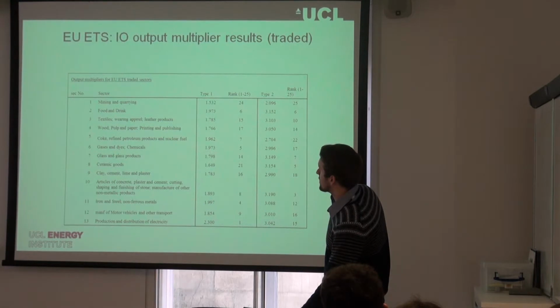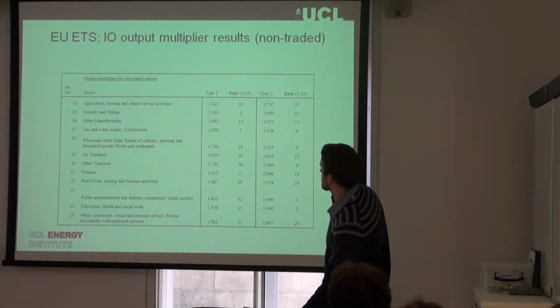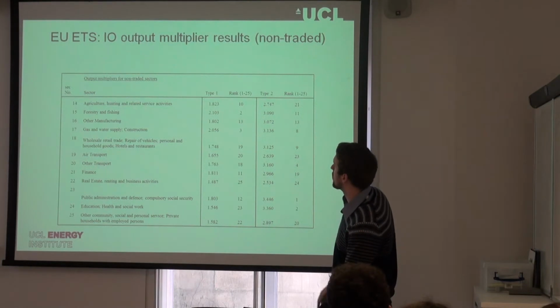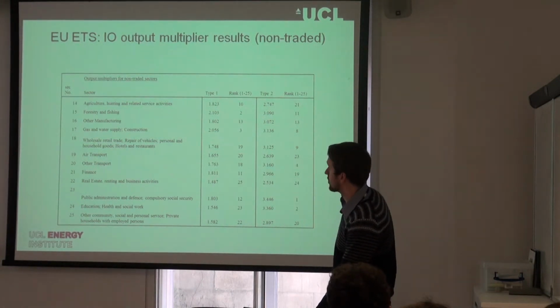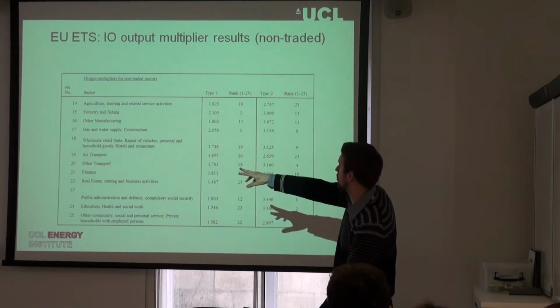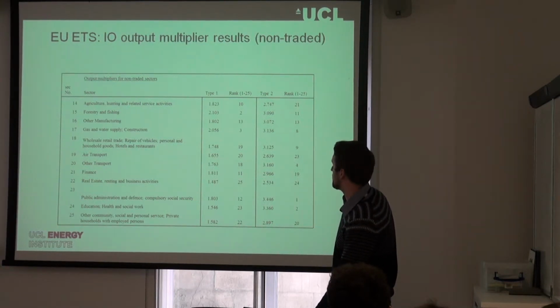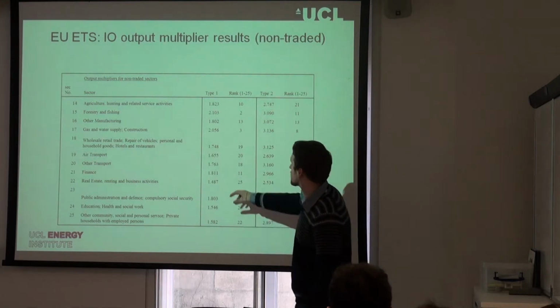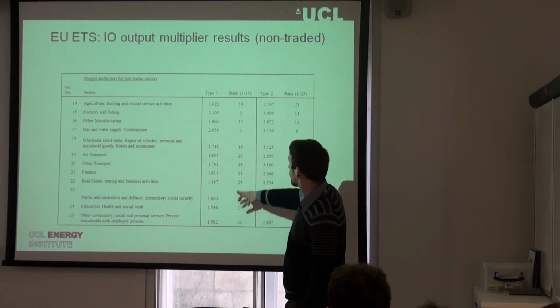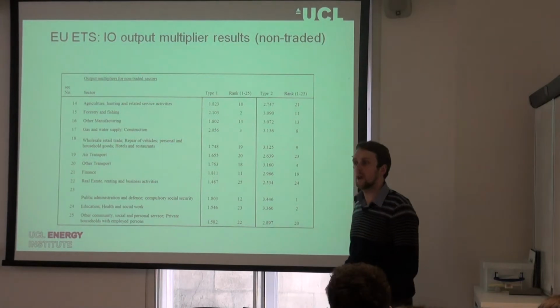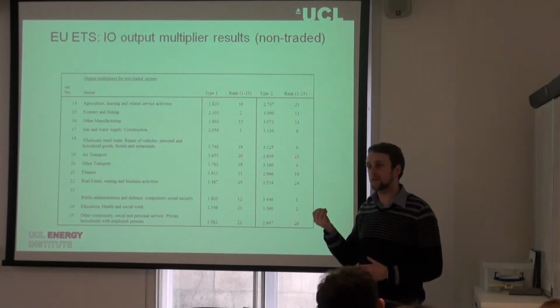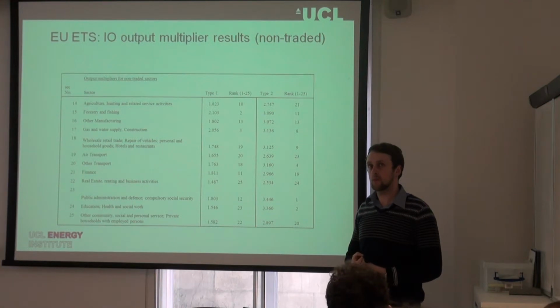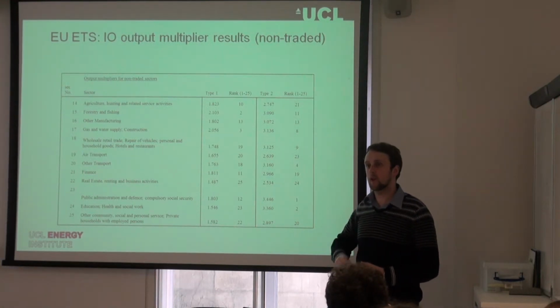So these are for the traded sectors, and these are the output multipliers for the non-traded sectors within the model. So you have some large emitters still there, like agriculture, forestry. You've got all your transport sectors, and you can see these don't have quite as large multipliers. The ranking on these tends to be a lot less, in the sense that the linkages to the economy aren't as great for a lot of these sectors.